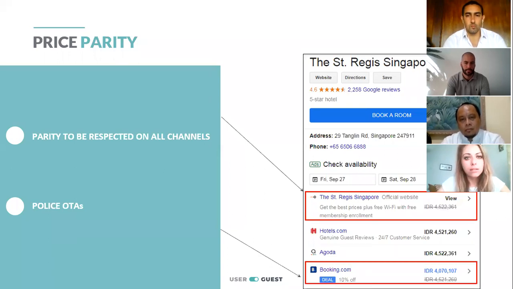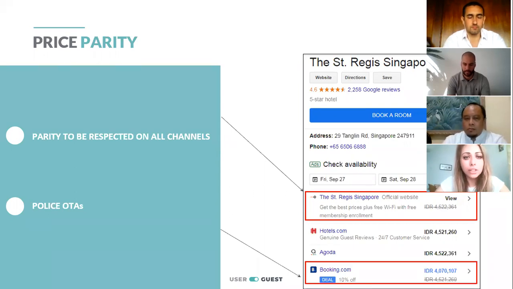So if they see that the OTA rate is lower than the rate on your website, of course, these people will go and book through the OTA, and you will have to pay commission, which is up to 20% of this revenue. So we really recommend that you police the OTAs and make sure that they are offering the same rate as you are on the website.